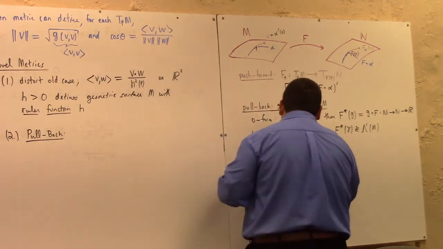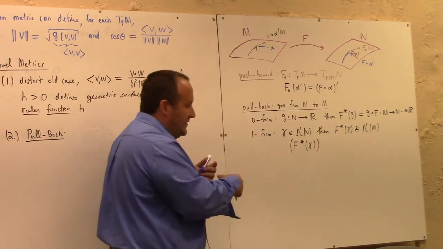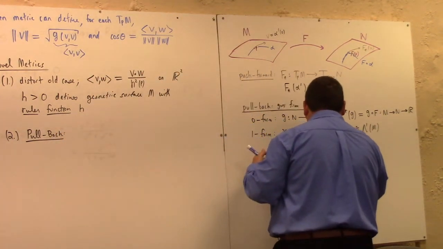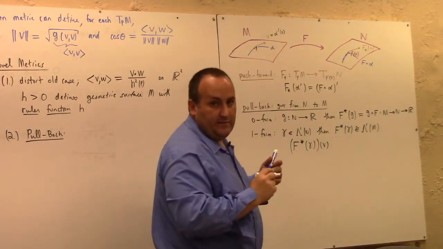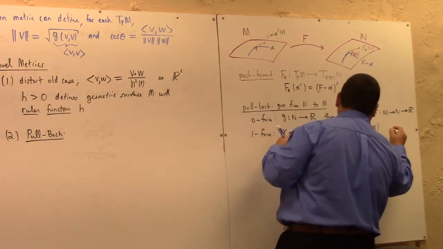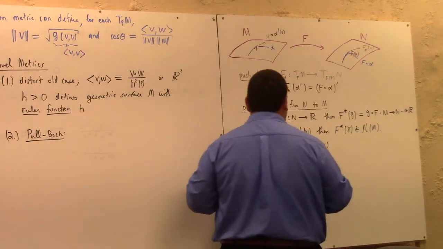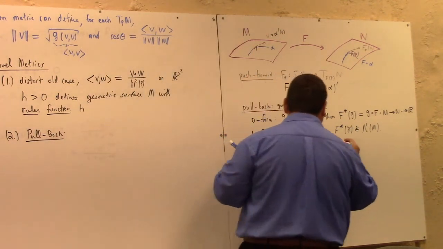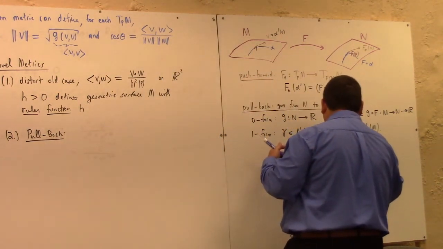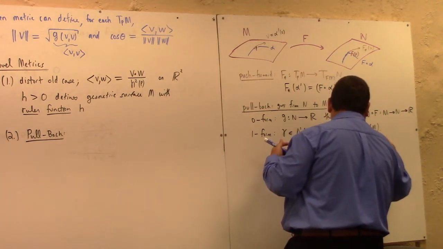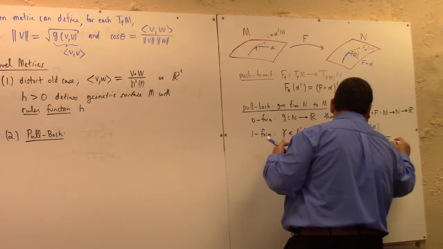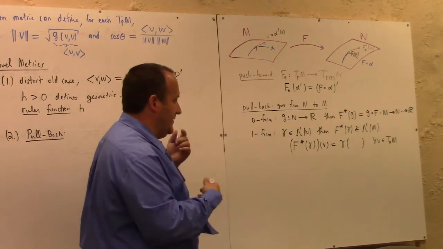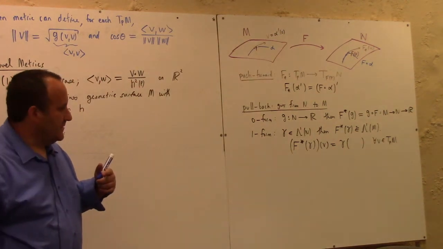So in order to understand what this one form is on M, we need to feed it a tangent vector. So we feed it V, where V is a tangent vector at P in M. I'm doing it at the point P for the sake of specificity here.